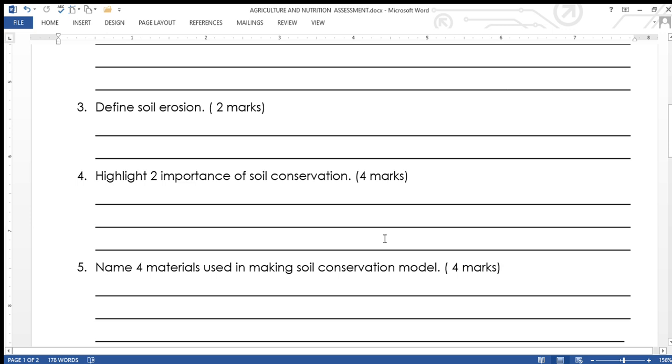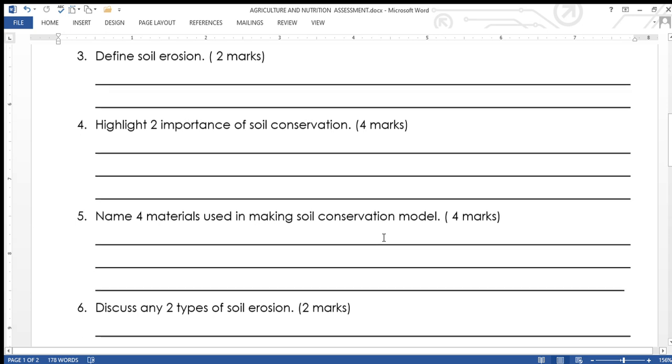Very good, group 1. Group leaders, you are doing a good job, together with the members. They have given us how many points? They are 4, isn't it? If you highlighted 2 of the 4 that she has presented, you will get 4 marks. Are we together?